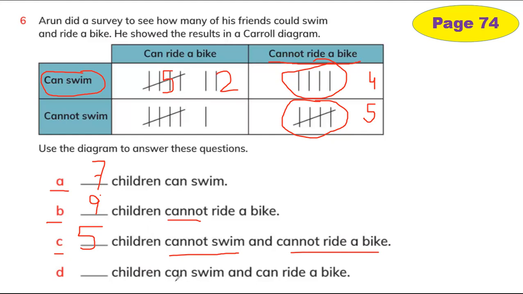Okay, children can swim and can ride. So there are 7 children who can swim and ride a bike. Okay, so in this way you can check how many kids can ride a bike and can swim. Okay, this is 11, because children can swim, so you have to add them all together. So here is today's lesson. Thank you so much guys for watching. Have a good day.